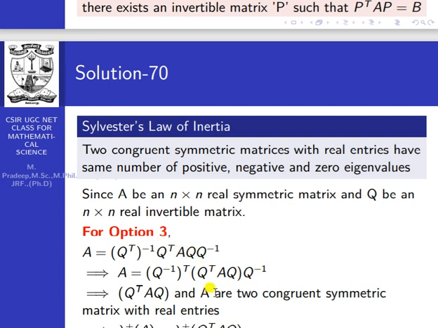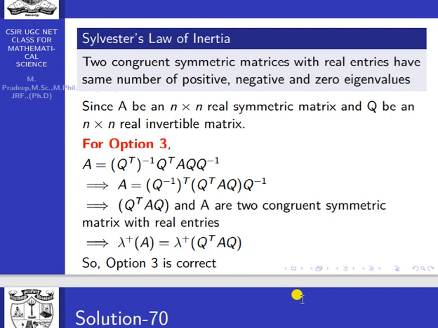Why, sir? From this expression, Q transpose AQ and A are both congruent symmetric matrices with real entries.